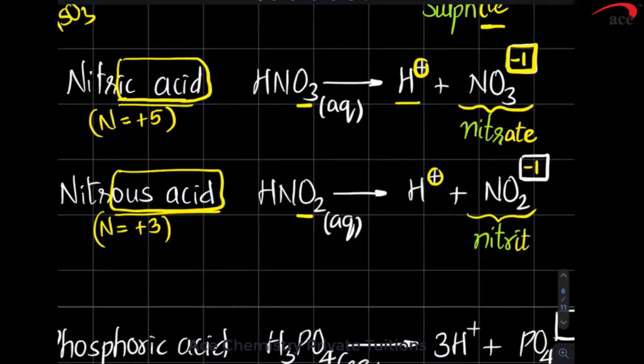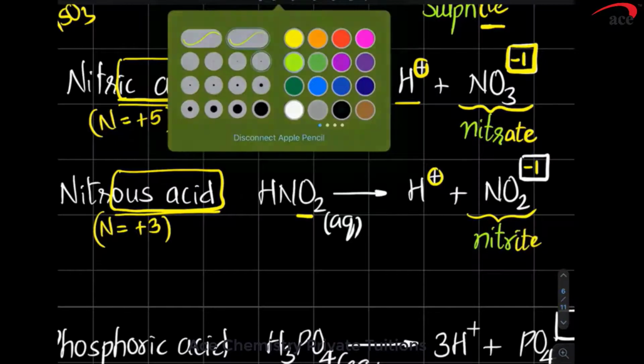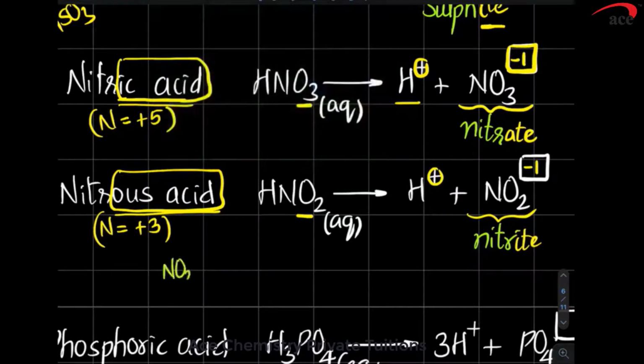Correct, ite. So it is nitrite. What did you learn just now? NO2 -1 is called nitrite. NO3 -1 is called nitrate. Correct. Pause the video, write it down in the notebook, practice it, understand it.